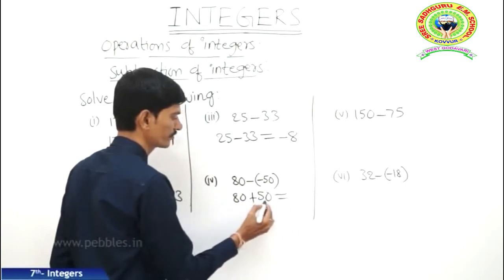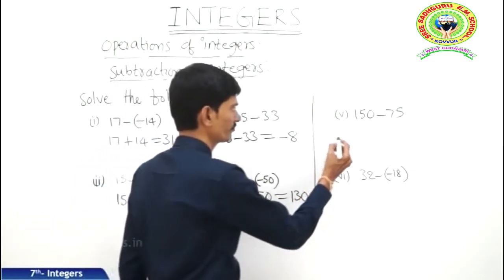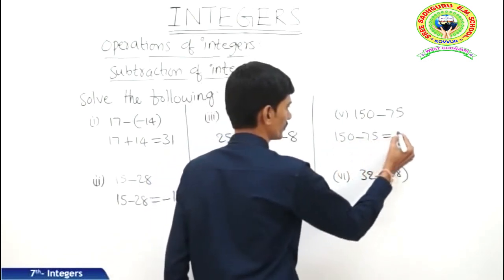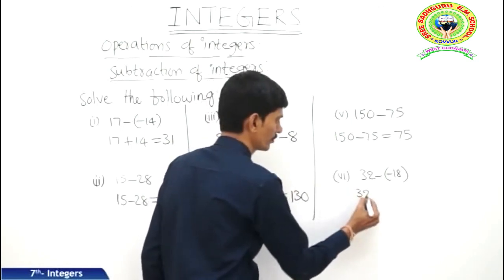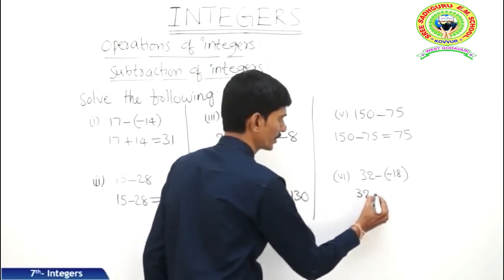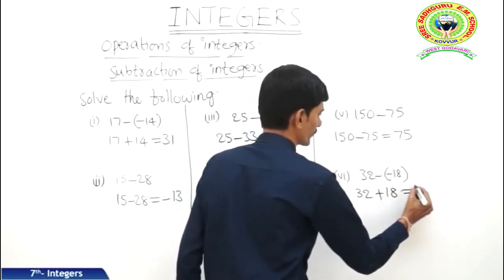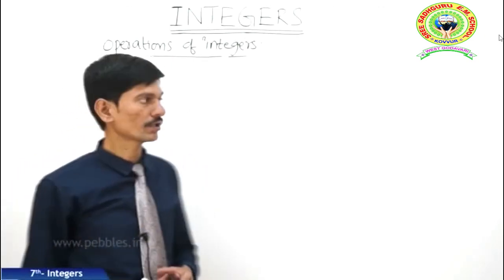So 80 plus 50 is 130. The next question, 150 minus 75 equals 75. Now here 32 minus of minus 18 becomes plus 18. So 32 plus 18 is 50. Now let us see the multiplication of integers.